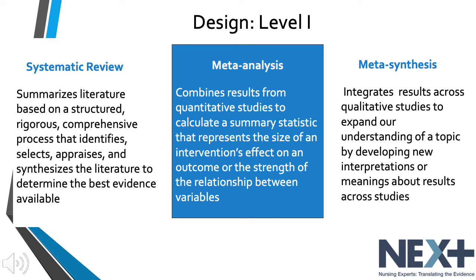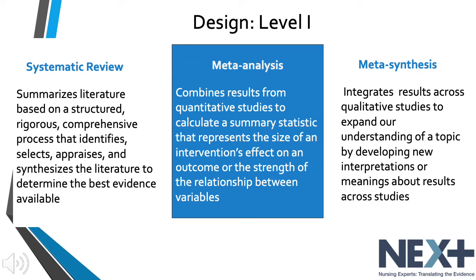A systematic review focuses on a rigorous review of quantitative studies. A meta-analysis is also a systematic review, but it includes a statistical analysis of results across studies to calculate a summary statistic that represents the effect of an intervention.